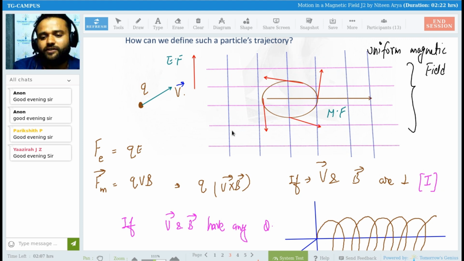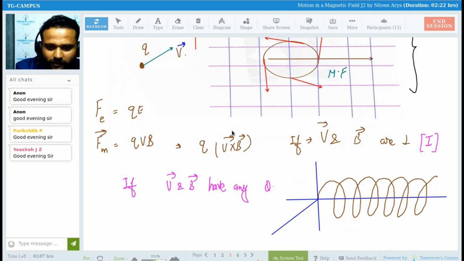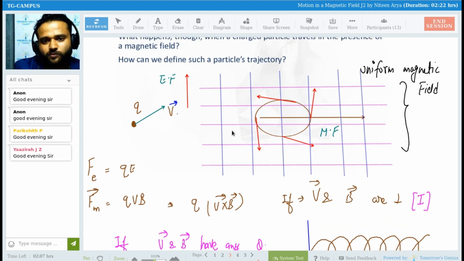Okay, so there are two cases. Focus here. If the angle between velocity and magnetic field is perpendicular, or I can write here any theta, then in this scenario this charged particle starts moving in this sense.